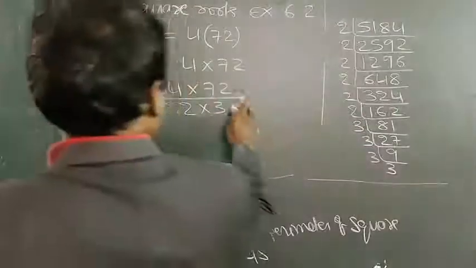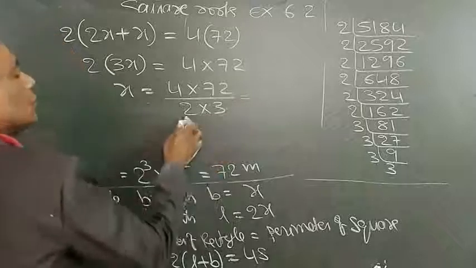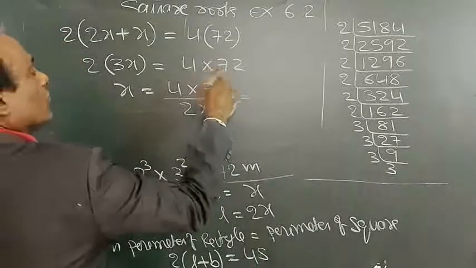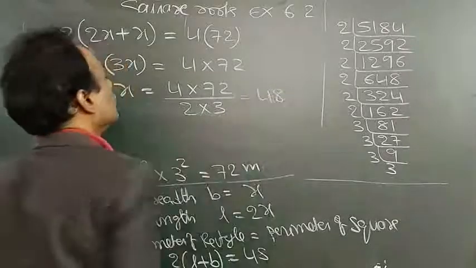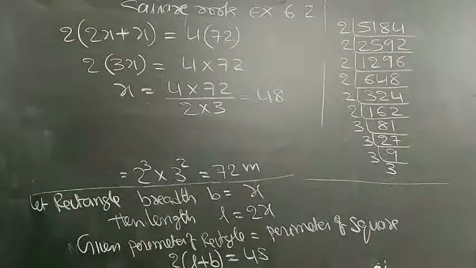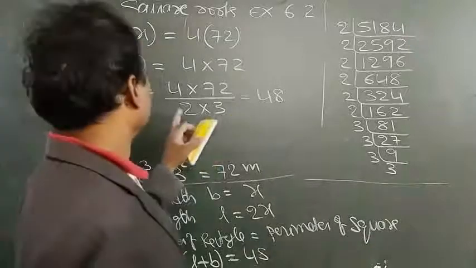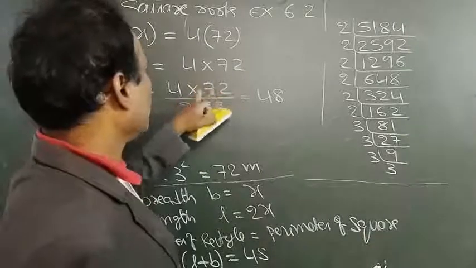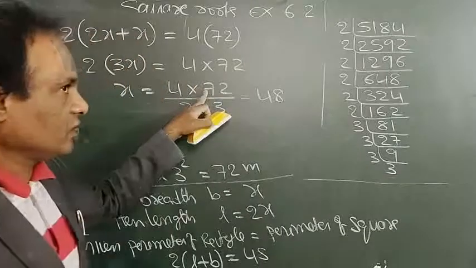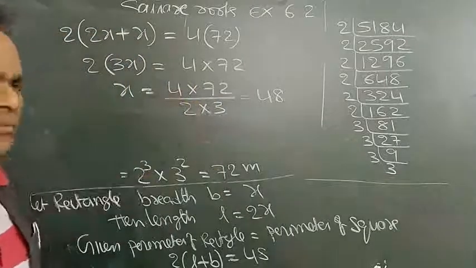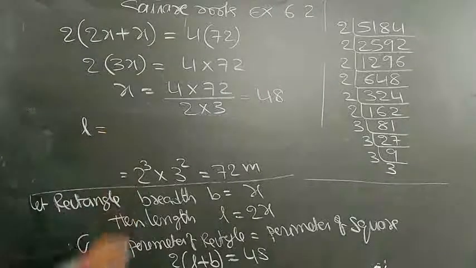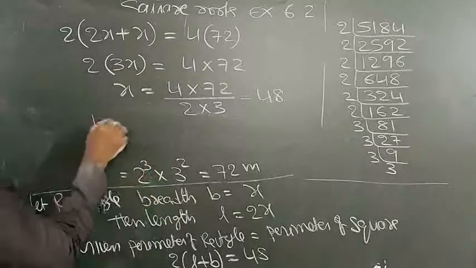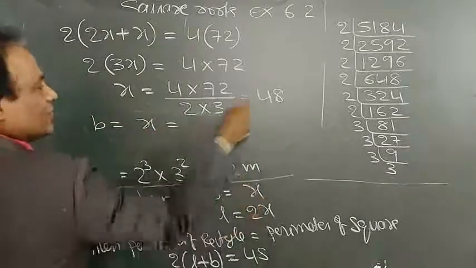So what is the x value? 3 2s are 6, 3 4s are 24, into 2, 48. Then breadth is equal to x, x means 48.